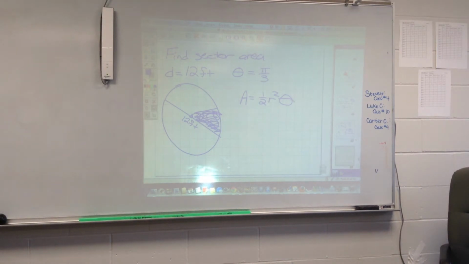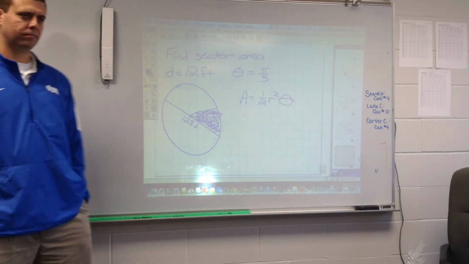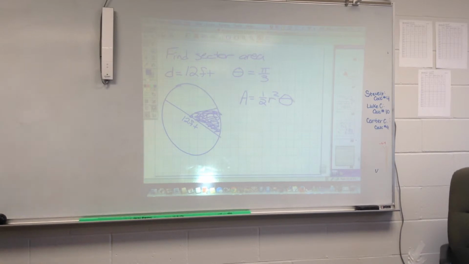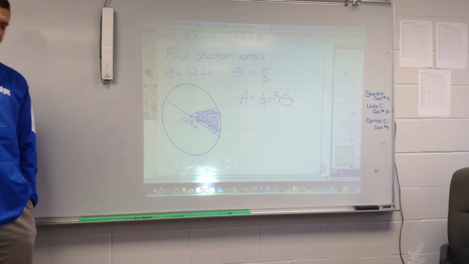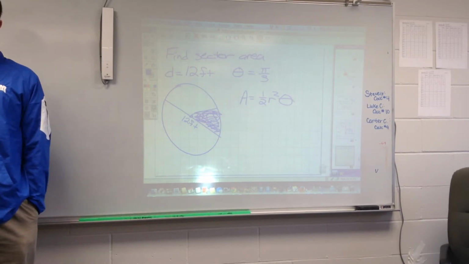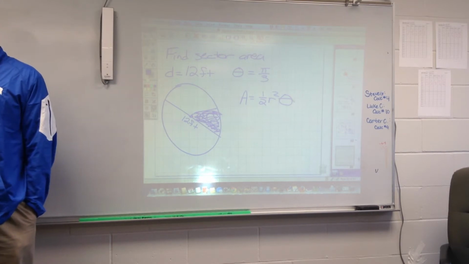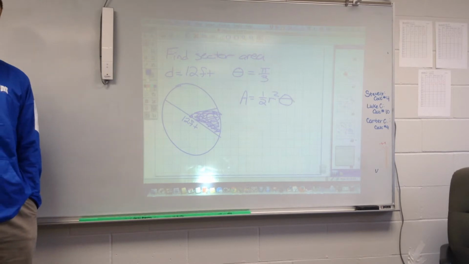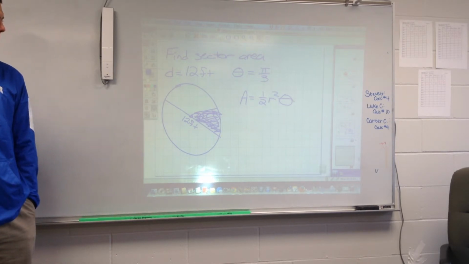There's the book's formula, 1/2 r squared theta. You're welcome to use it. I'm going to take the fraction times the total area. What fraction of the whole circle am I worried about?